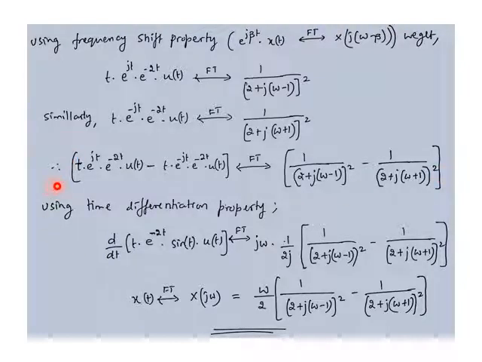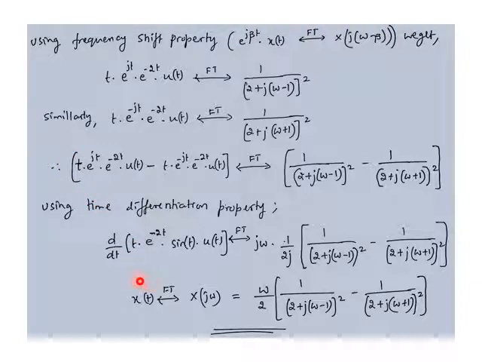If I take 1 by 2j here, using the time differentiation property, d by dt of x of t is j omega into X of j omega. So for d by dt of x of t, I should have 1 by 2j here.